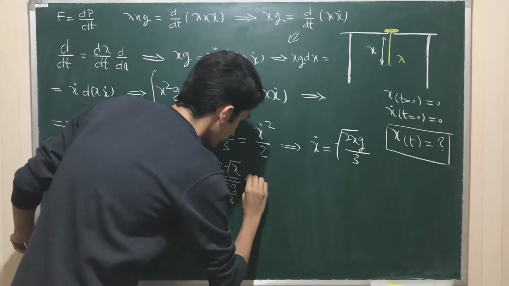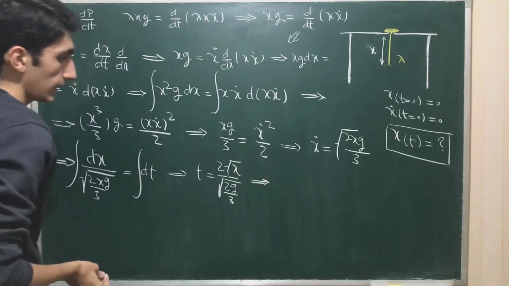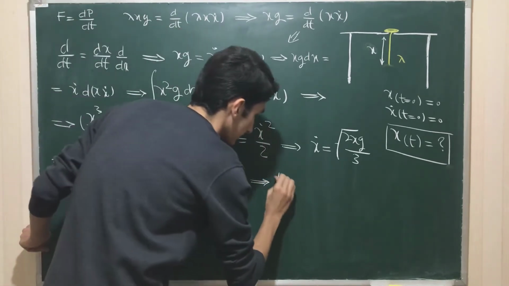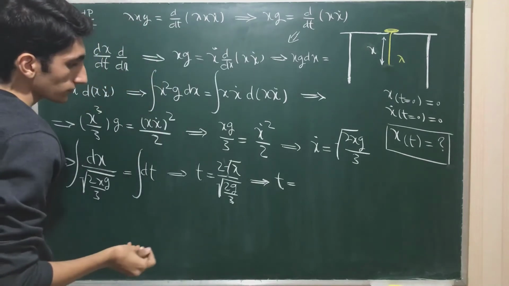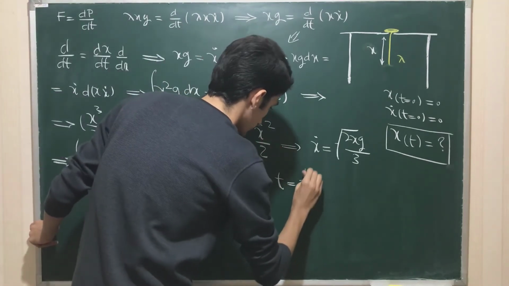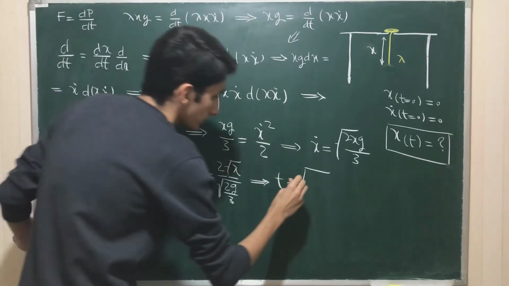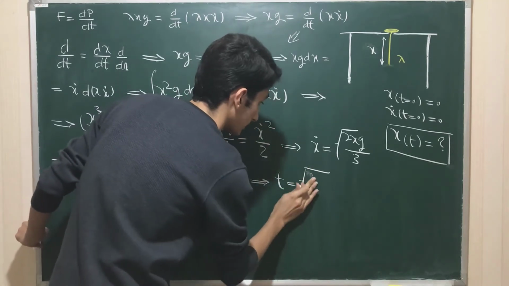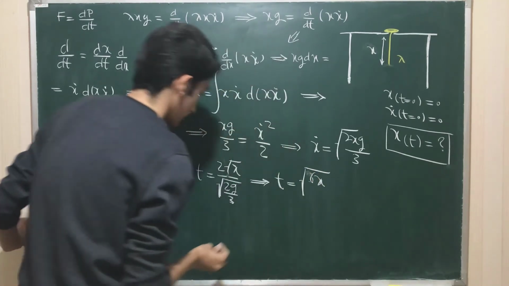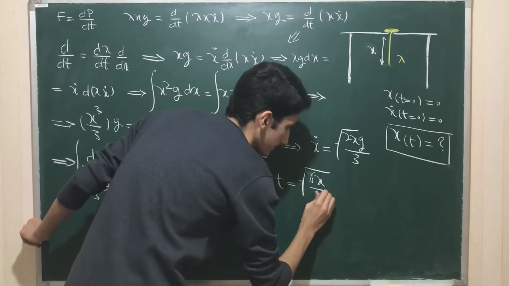And if I simplify, I would get t is equal to the square root of 6 times x over g.